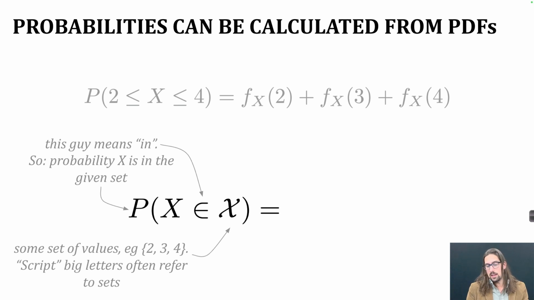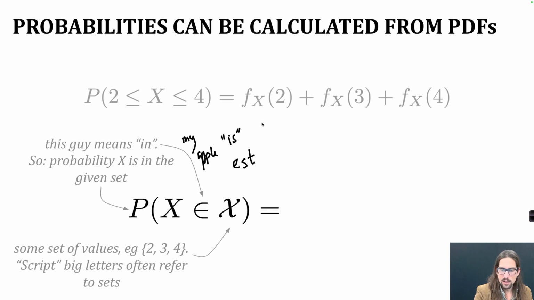This little "in" symbol comes from the Latin "est", which you may know means "is". For example, if this represented the set of all apples, you could say x is my apple, or my apple is an apple.